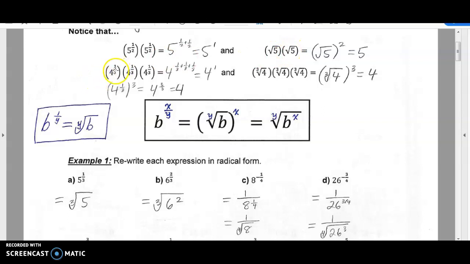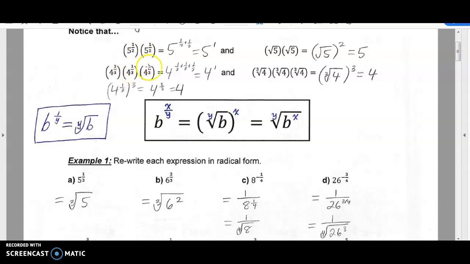Same thing over here, 4 to the power of 1/3 is the same as writing the third root of 4 times the third root of 4 times the third root of 4. I'm going to go into more detail as to how we get from this to writing it as a root, and then going the other way if you're asked to write it as a power.